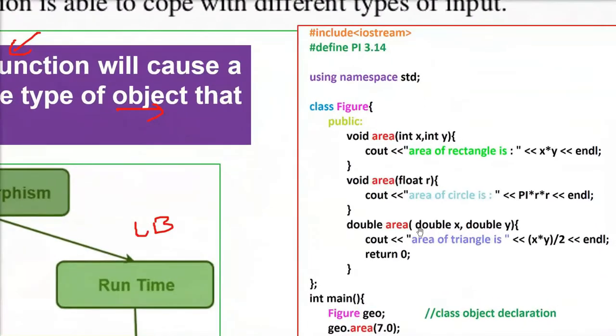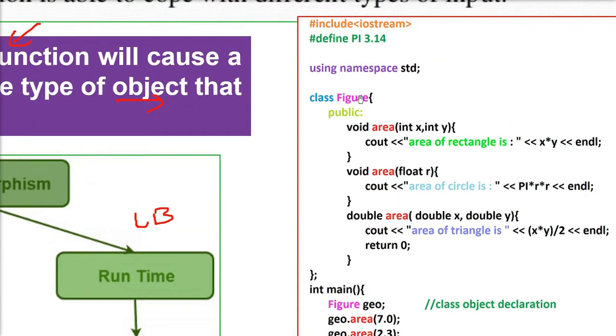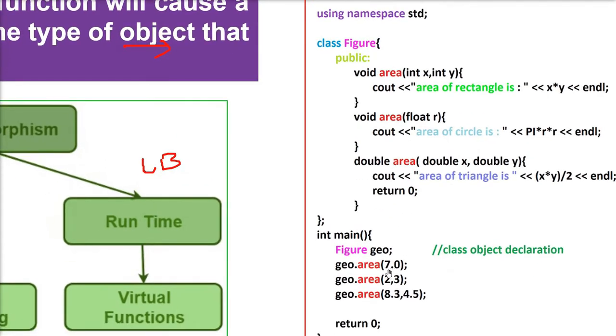So I am telling you about the compile time. We have a class here which is called figure. Now we have three functions here. An object of this class is made, geo, and geo.area is being called 3 times. Now the name of the function is same. This is called polymorphism.